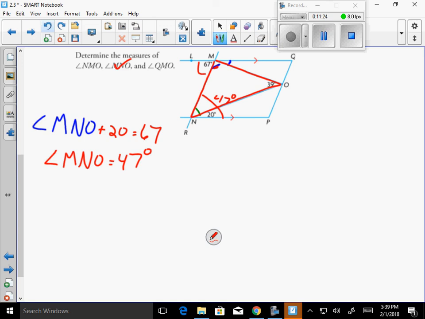So I know that angle NMO will equal 180 degrees minus 39 minus 47 degrees, because they all add up to 180. So if I subtract the first two from 180, that's going to give me 94 degrees. Okay, so look at that. So there, I'm off to the races.